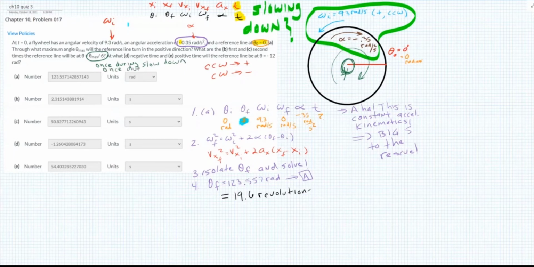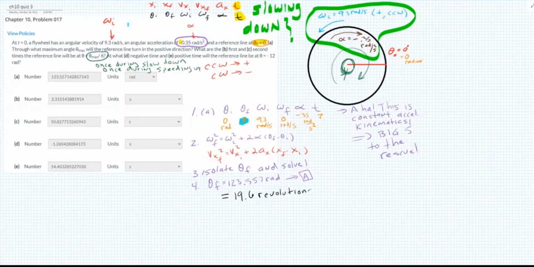Once during deceleration, once during acceleration. So I will hit that particular angular position twice. All right, so this is what we have to find.